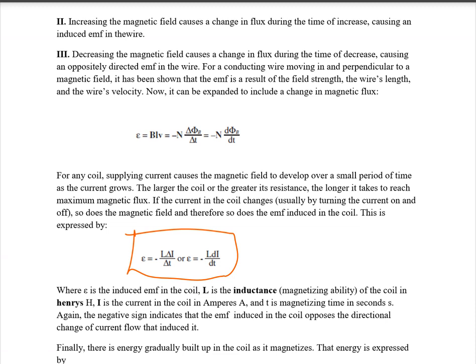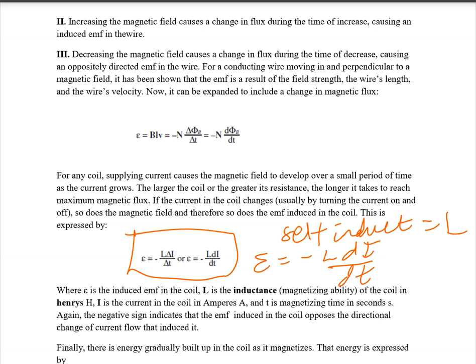Self-inductance is symbolized by L, and from this, induced EMF is equal to minus L di over dt. Rearranging this, you can get the value of L, or self-inductance. Self-inductance is the induction which is produced by the coil by itself.